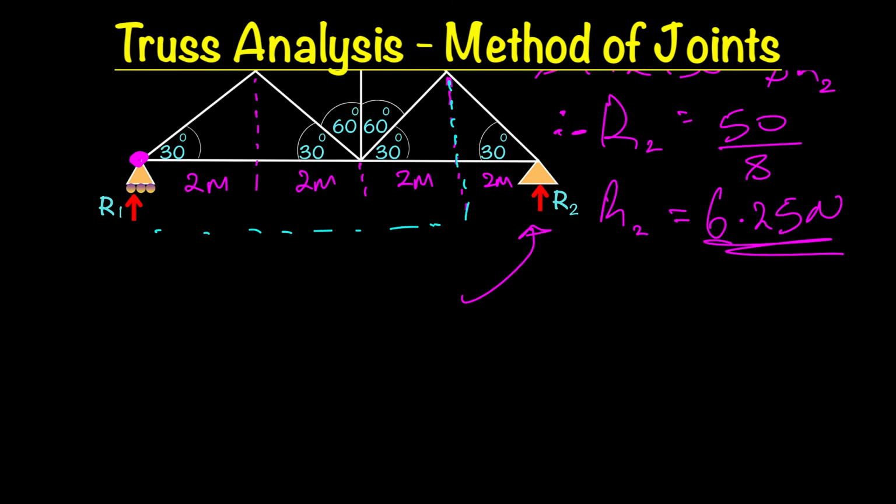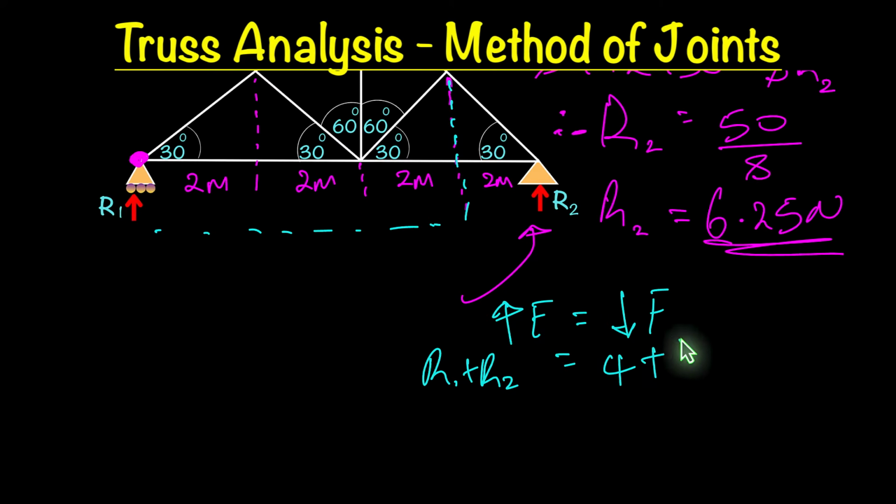So for R1, we're going to say that the sum of the upward forces should be equal to the sum of the downward forces. All we have going up will be R1 plus R2, and we have a few forces going downward, that's the 4 plus 3 plus 5 newtons.